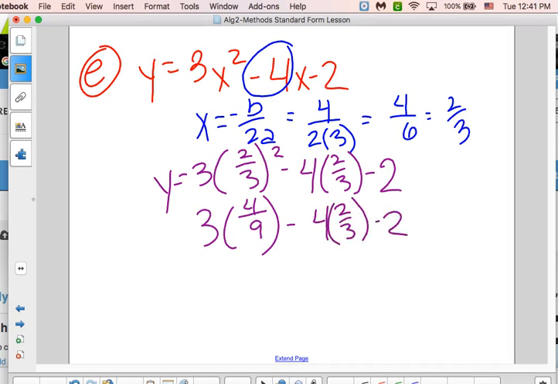And then when you take a fraction times a whole number, what number is really underneath this 3? A 1. So that 3 doesn't multiply with both the 4 and the 9. It just multiplies with the 4. So what's 3 times 4? So that's really just 12 ninths. Minus, so what's 4 times 2/3? 8. So that's just 8/3.